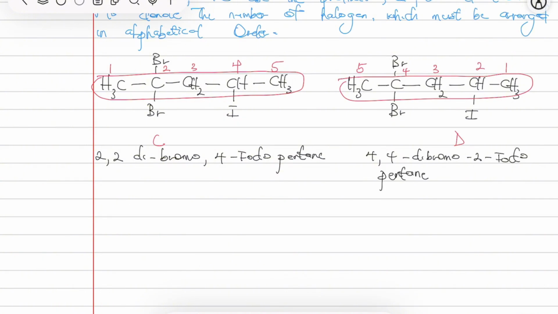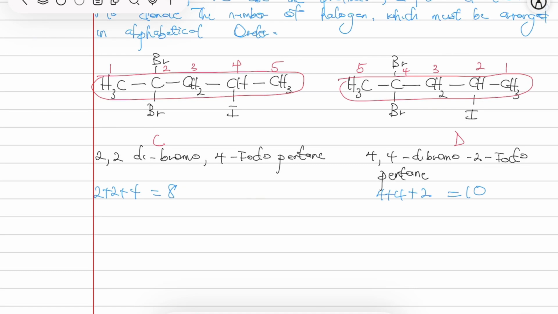The first thing we have to check is the sum of positions of the substituents. The structure that has the least sum of substituents is the correct numbering. In compound C, 2 plus 2 plus 4, which are the positions of the substituents in the parent chain, will give me the total sum of 8.